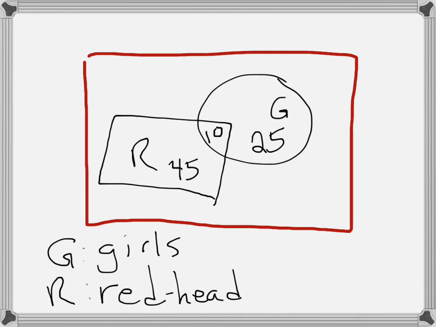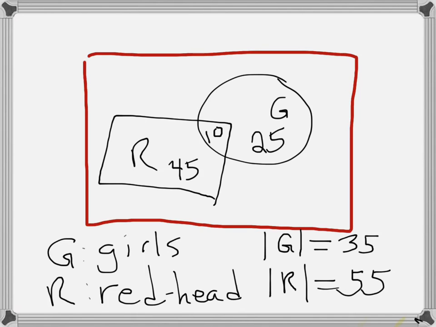So what we'll say here is that the size of group G, so the number of girls that we have, is 35, because we've got 25 girls without red hair and 10 girls with red hair. And then the set of people with red hair would be 55.